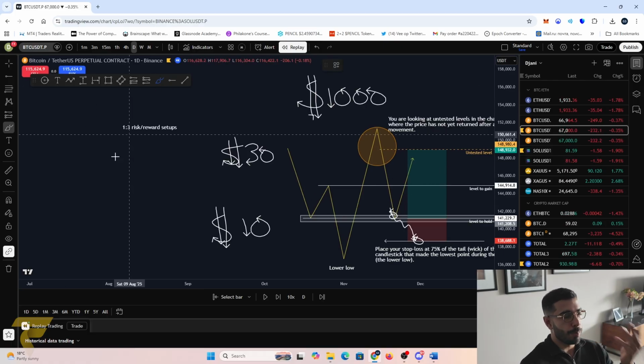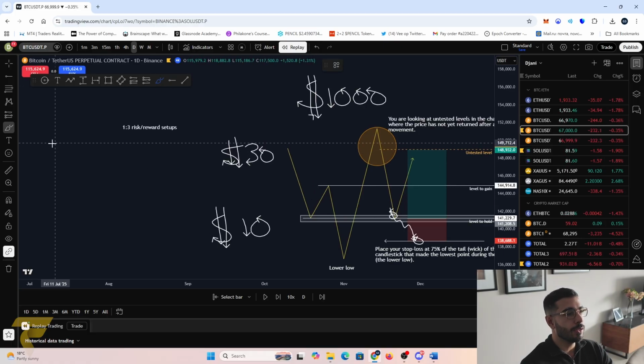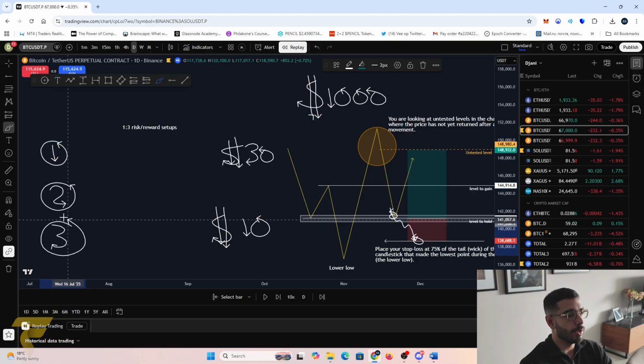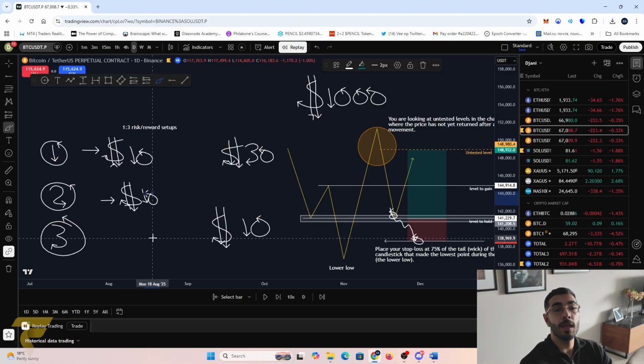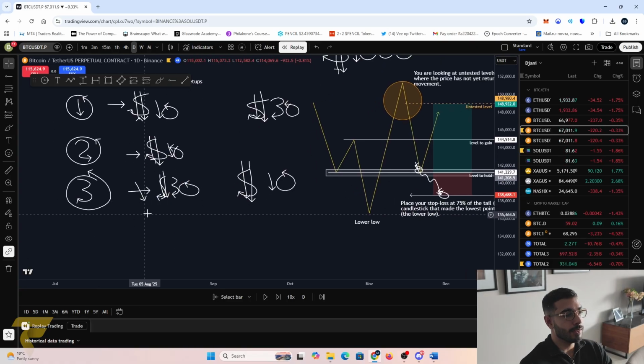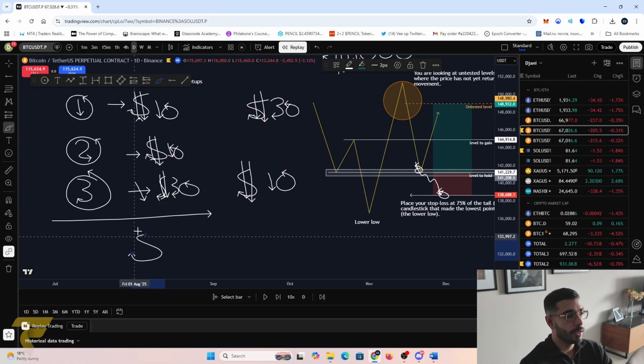So just bear with me for a second. Let's say we take 3 trades in total. Trade number 1, trade number 2, trade number 3. The first 2 of them being -10, because we're risking $10 and we lose. So we are down $20, but then +30. Then at the end of the day, we are still profiting $10.